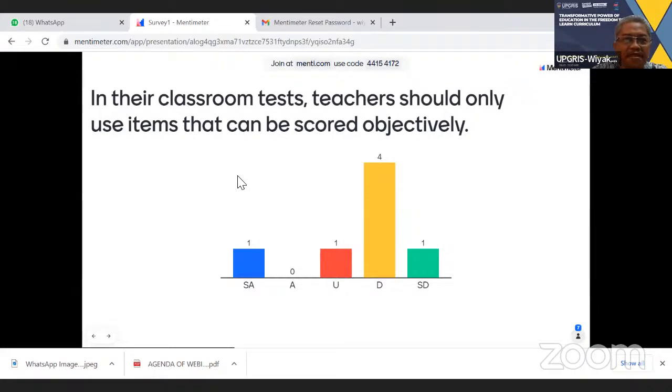Giving objective tests is something common, done by the teachers in the classroom, but do not only use objective tests the whole time in your teaching, because there are some other types or some other modes of assessment.